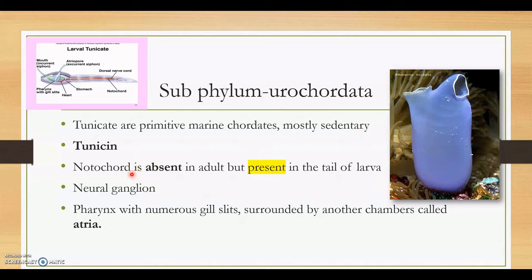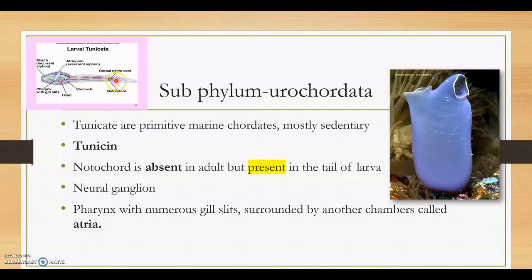An important character of subphylum Urochordata is that the notochord is altogether absent in the adult, but present only in the tail of the larva, hence called Urochordata. You can see the picture here, the red color. This is a larval form of Tunicata.